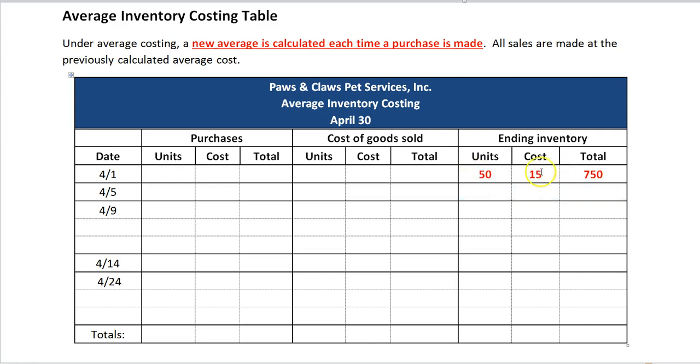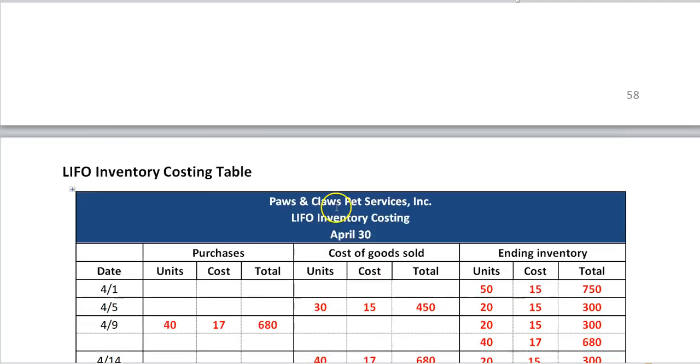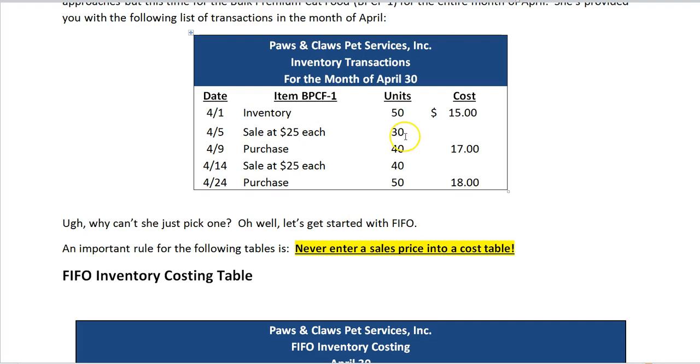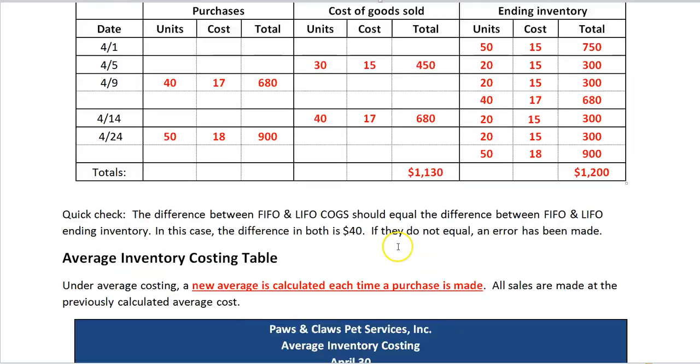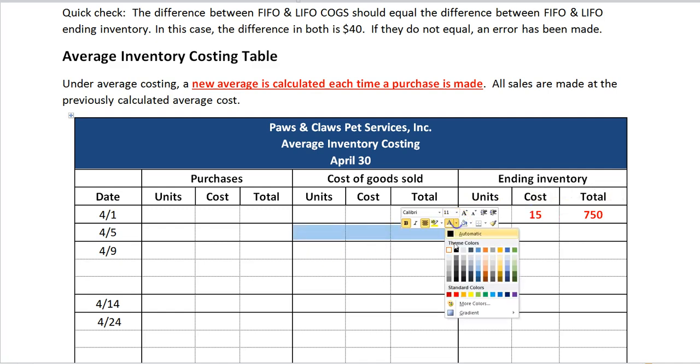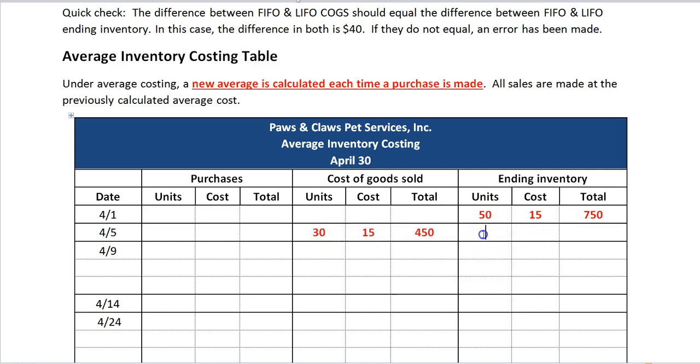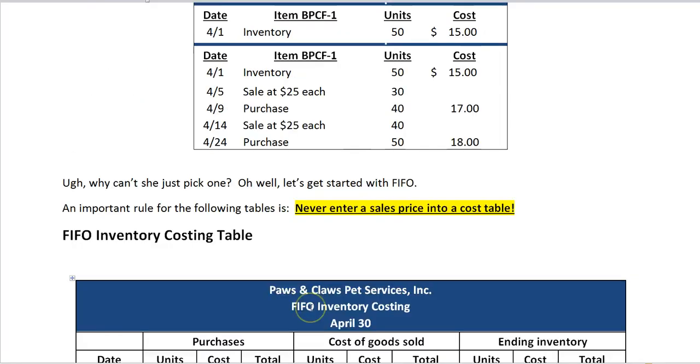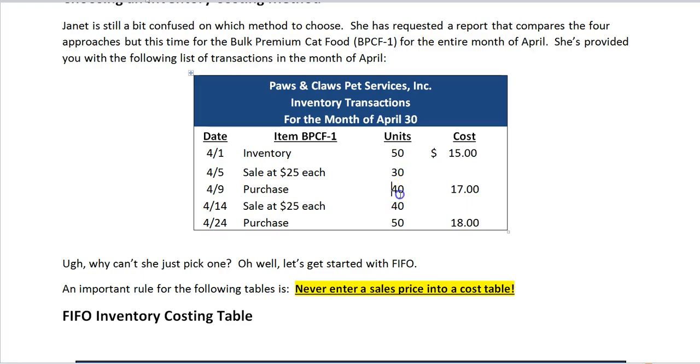So we start with 50 units at 15. On the 5th, what happened? We sold 30 units. We don't really need to calculate an average because they're all at 15. So we sold 30 units. They must be at the only cost we have, 15. 50 minus 30 is equal to 20. You've seen the same start on the previous two. On the 9th, what happened? We purchased 40 at 17.